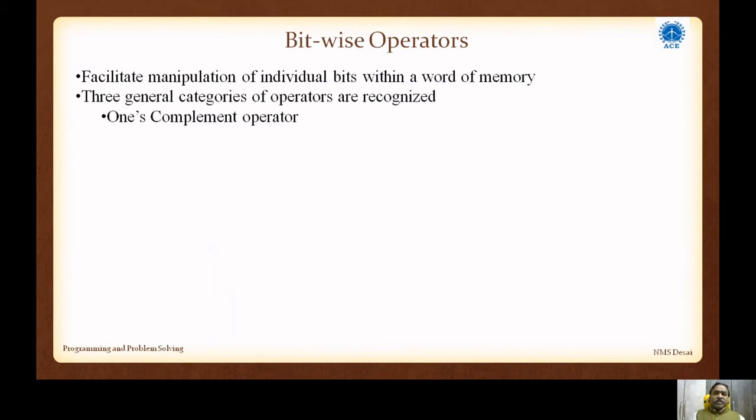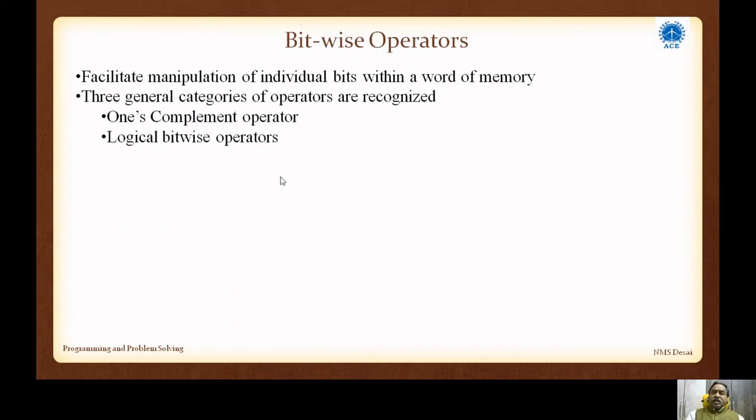The tilde symbol is used for representing the negation operation, the bitwise negation or complement operation. Where do you find this tilde symbol on our keyboard? It is below the escape on the top, and it is like the approximately equal to symbol that we use in mathematics. It's called the tilde symbol.